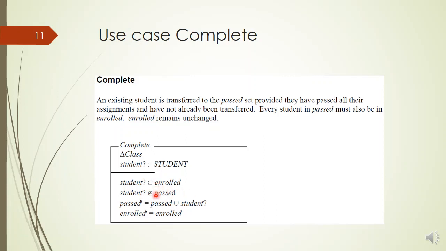These are basically two preconditions for the operation complete. They describe that the student going to complete the assignments must be enrolled, and must not already belong to the set passed.